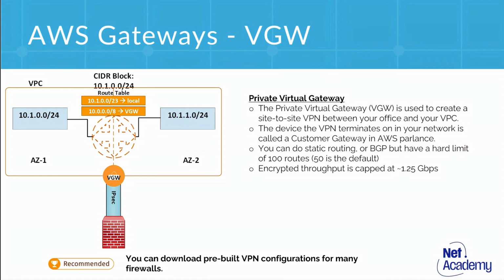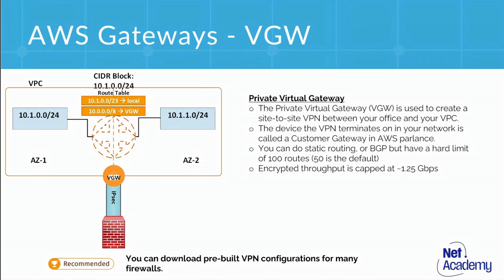Now, it's important to understand that this is a site-to-site VPN only. You cannot do client access or remote access VPNs to the VGW construct, right? When you run your VPN up there, one end is terminated on the VGW.